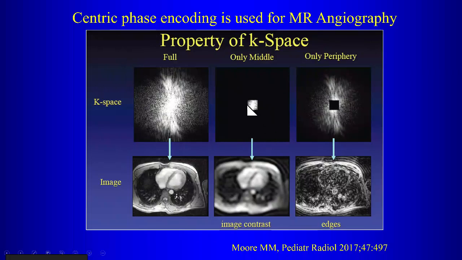That accentuates the difference in contrast between the vascular and non-vascular structures. We acquire the edges of K-space later. That is called centric phase encoding, and that's how we use this in MRI angiography.